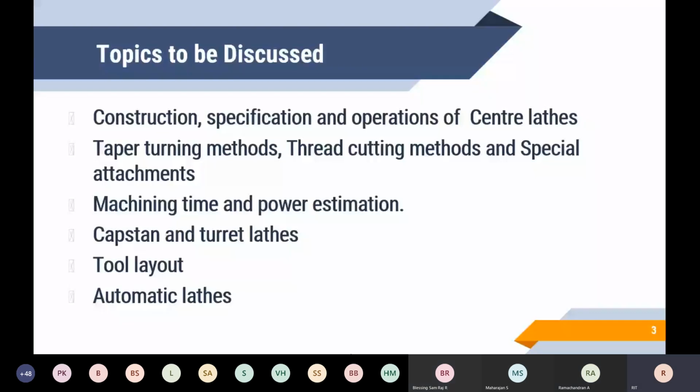These are the topics we are going to see today: construction, specifications and operations of the center lathe, taper turning methods, thread cutting methods, special attachments of the lathe, machining time and power estimation calculations, capstan and turret lathes, semi-automatic lathes, and tool layout on the automatic lathe.